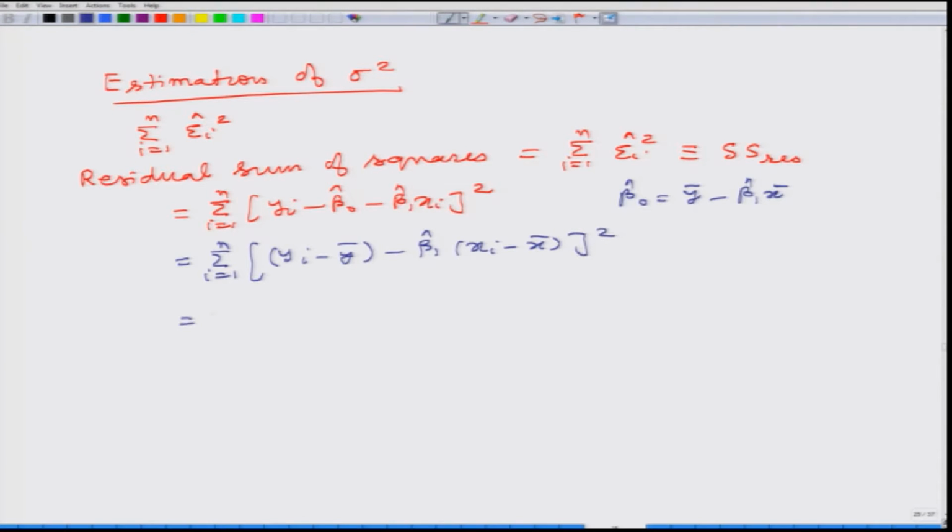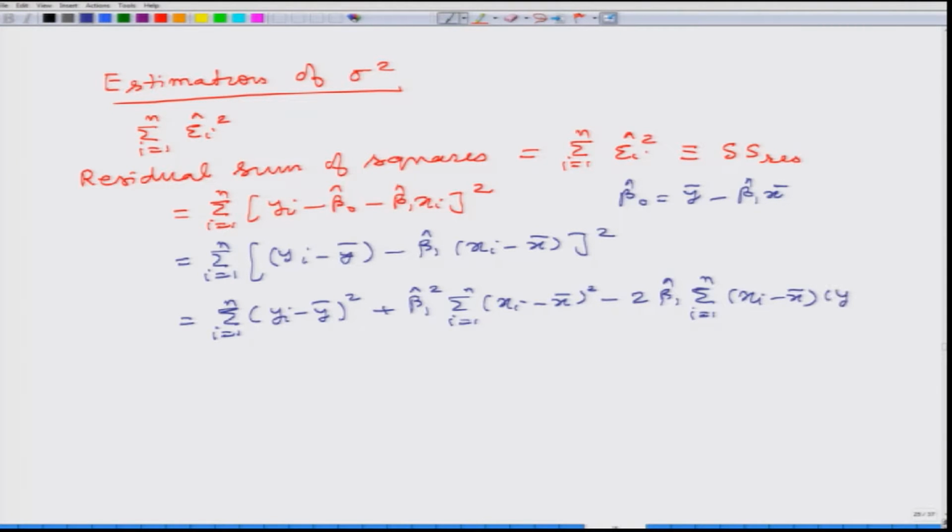And this can be further written as summation i goes from 1 to n of y i minus y bar whole square, plus beta 1 hat square summation i goes from 1 to n of x i minus x bar whole square, minus twice beta 1 hat summation i goes from 1 to n of x i minus x bar times y i minus y bar.